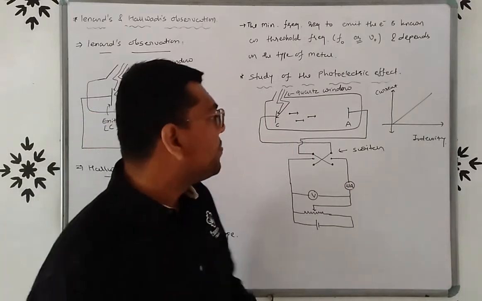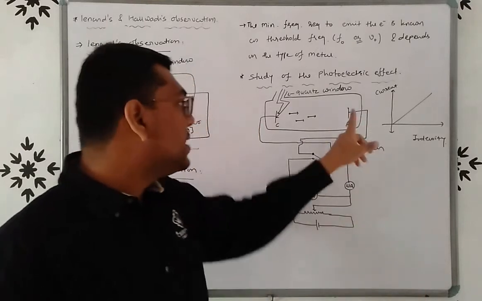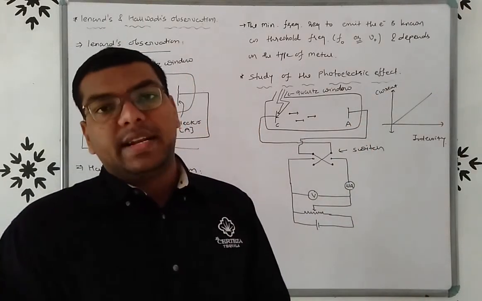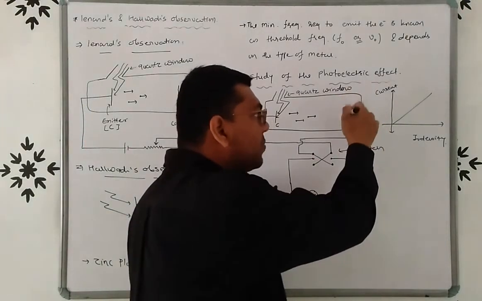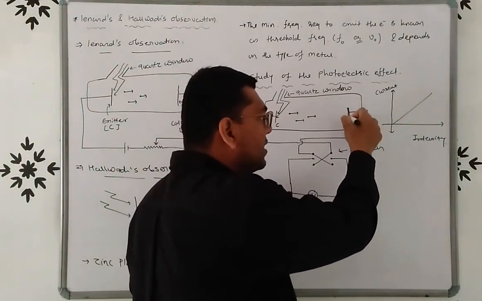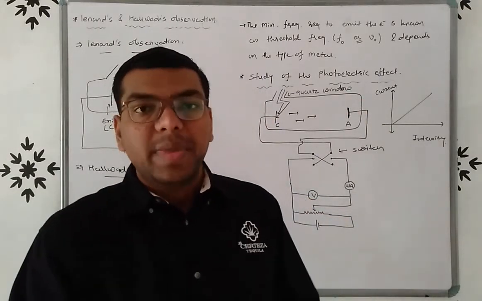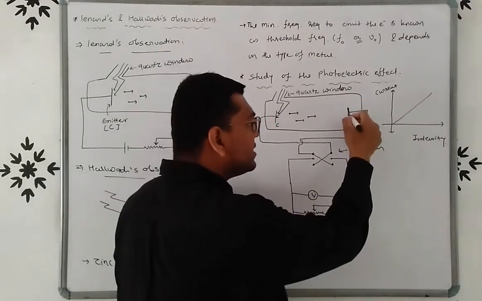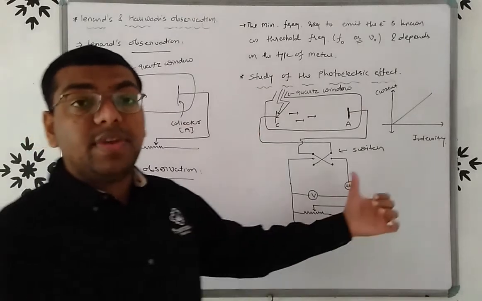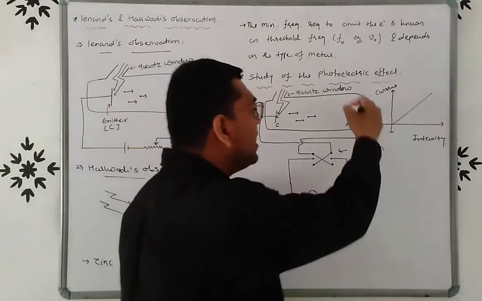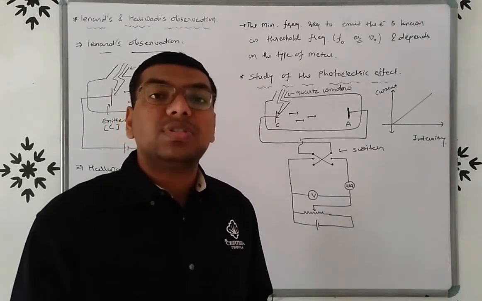Now friends, if we decrease the potential of this collector electrode, what happens? If we decrease the potential of this collector, then the photoelectric current also decreases, because if we decrease the potential of this electrode, the repulsive force increases.